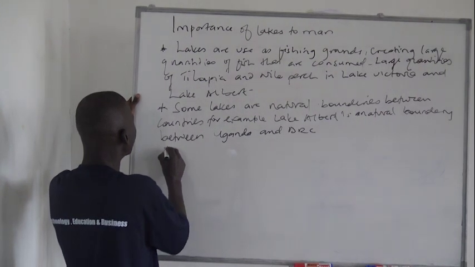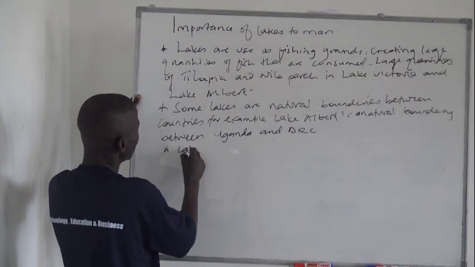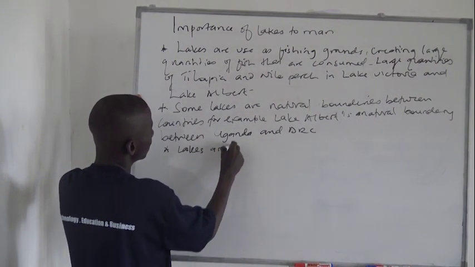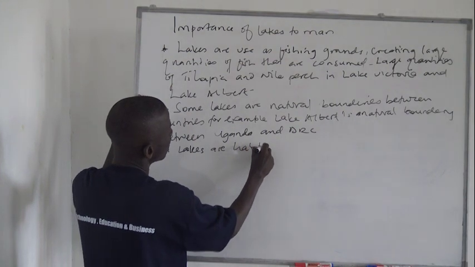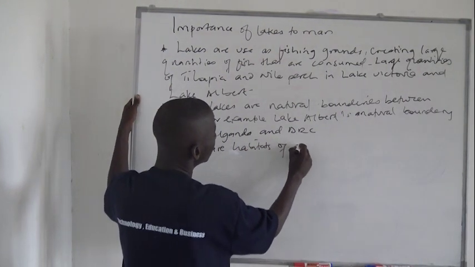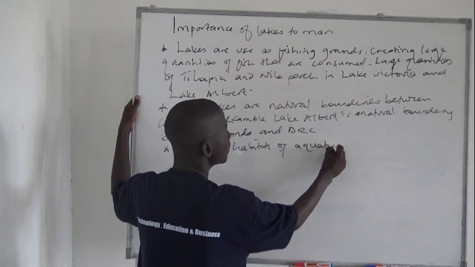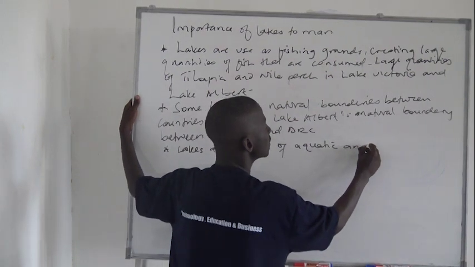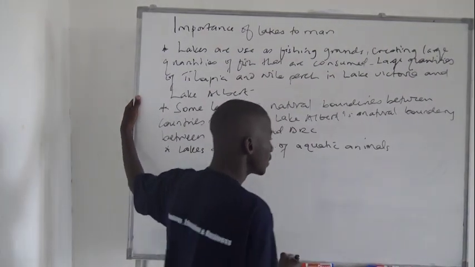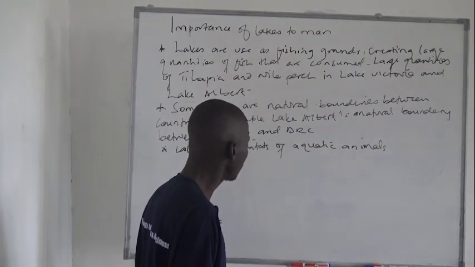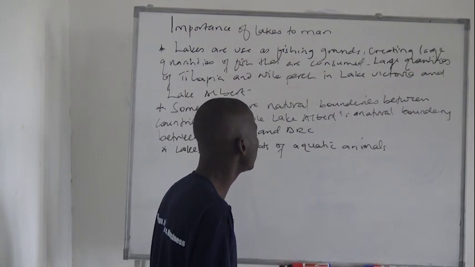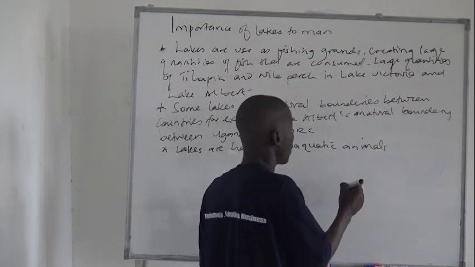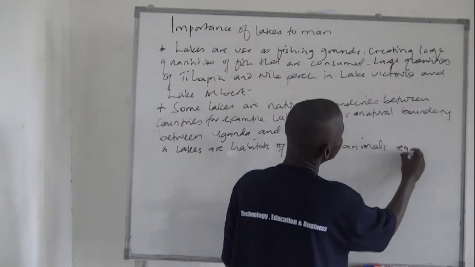Number 3, they are habitats of aquatic animals. Most of the lakes are habitats for aquatic animals.